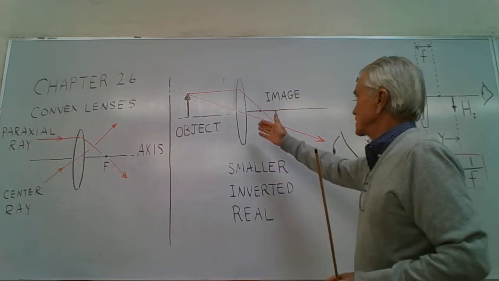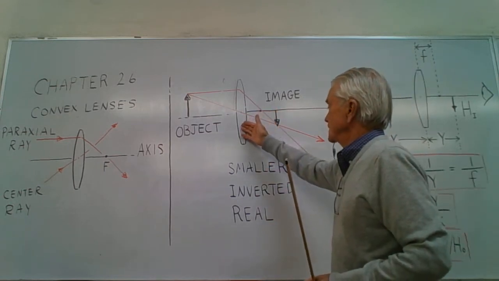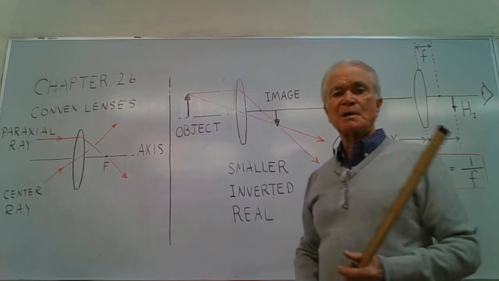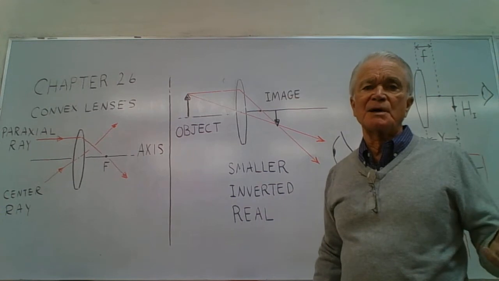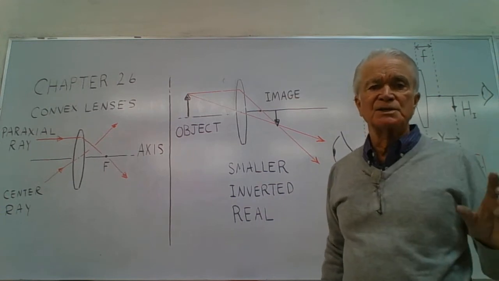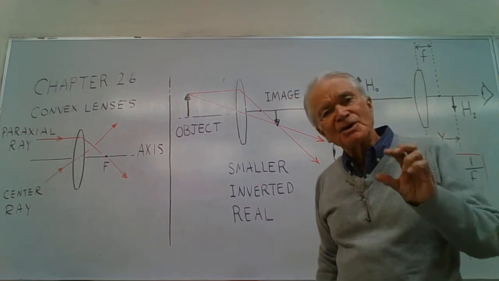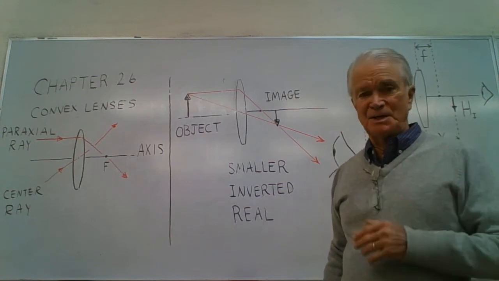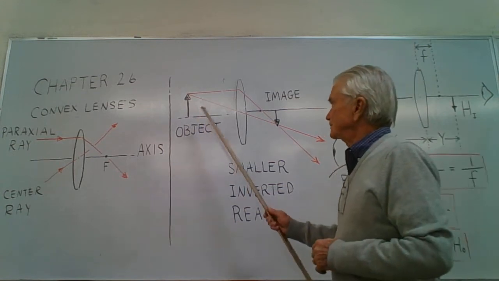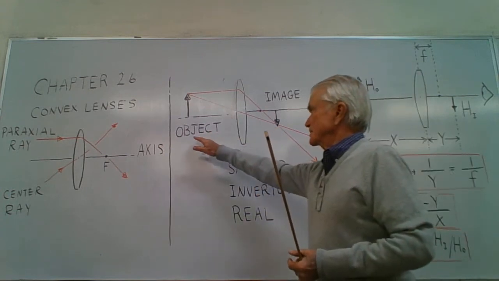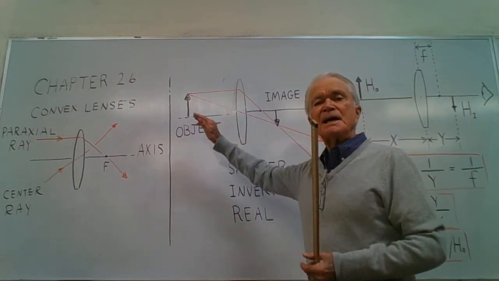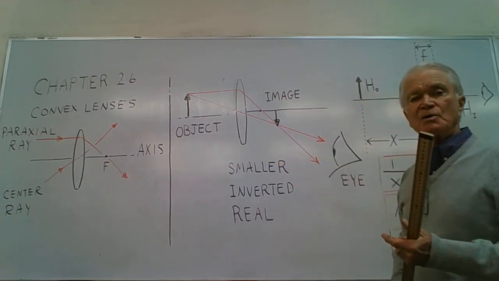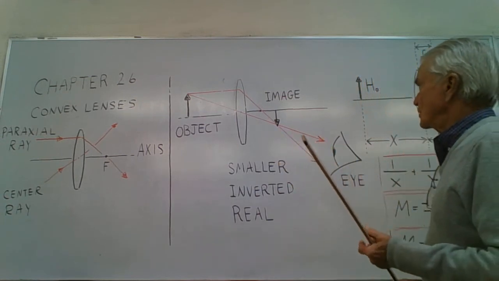I show a convex lens, and on the axis, I use that arrow to represent any object whatsoever. It may be something as small as 8 millimeter tall newsprint, or it could be, you name it. It's the object, and it has an image. Let me describe now how the image is formed.